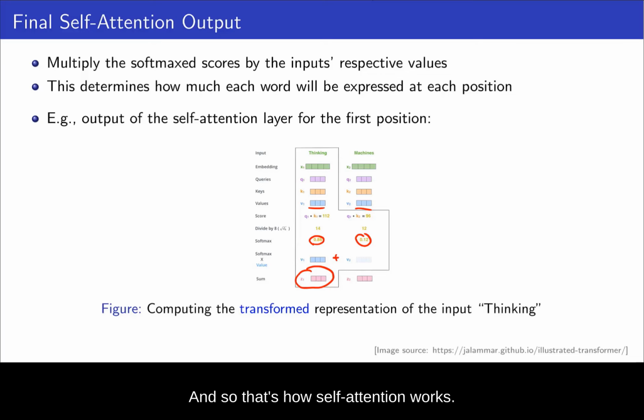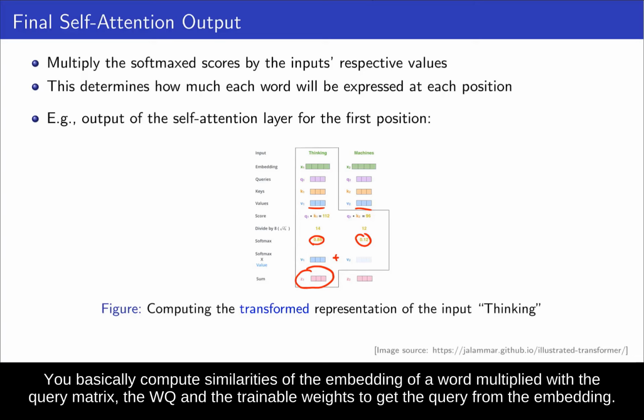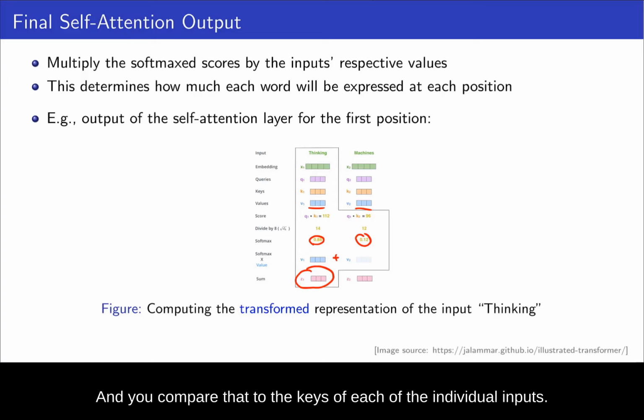And that's how self-attention works. You basically compute the similarities of the embedding of a word multiplied with the query matrix, the WQ, the trainable weights, to get the query from the embedding.